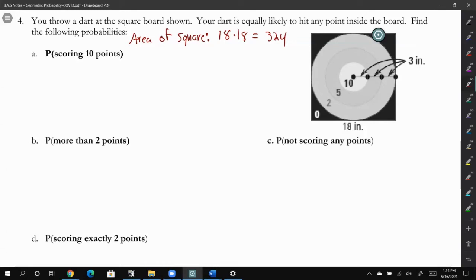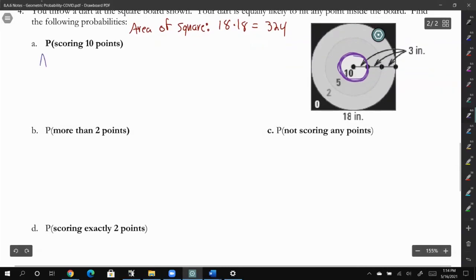So the probability of scoring 10 points. We only score 10 points if we get this part right here. So we're going to find the area of the small circle. And we know that each one of these segments is 3 inches.